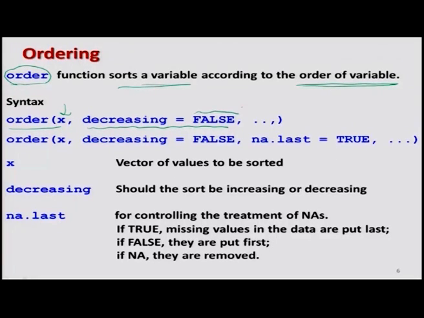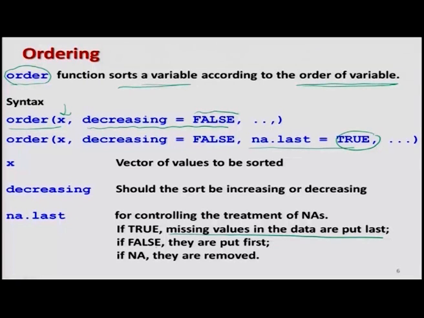The default is increasing. And similarly, as we have done in the case of sorting, there are other options like na.last, which gives an idea of how the missing values should be handled. If I say this is equal to TRUE, then missing values in the data are put in the last, that means the end of the vector.